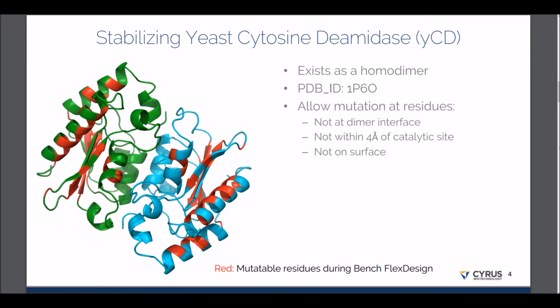So to summarize that, we're going to allow mutations at residues that are not at the dimer interface, not within 4 angstroms of the catalytic site, and not on the surface. The color coding, as you can see in this picture, is such that the red residues are the ones that ultimately we're going to allow to change. And we'll use the design tools to figure out which of those mutations might actually be acceptable and ideal for improving stability.